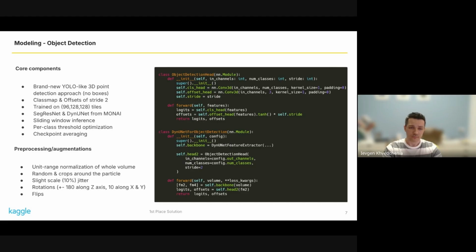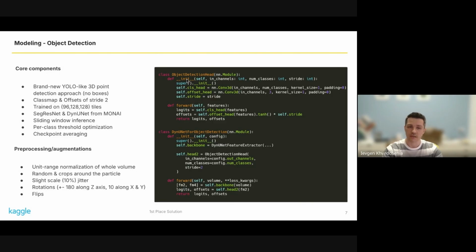For the training, I took random or semi-random crops, meaning a crop around each particle instance from the whole slice, randomly scaled and rotated along all axes to generate unique and diverse training samples. That prevented overfitting quite well. And that was it as for the augmentations.